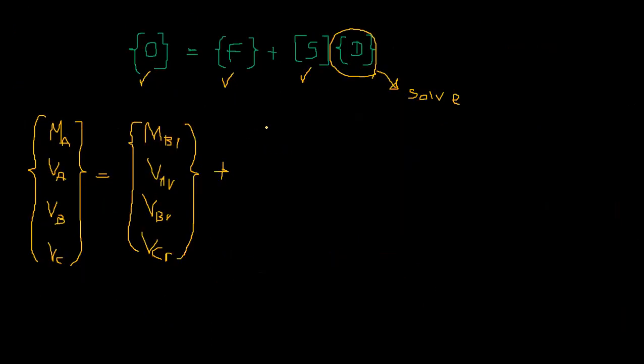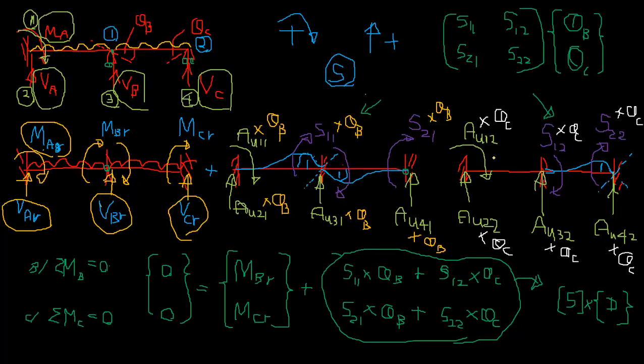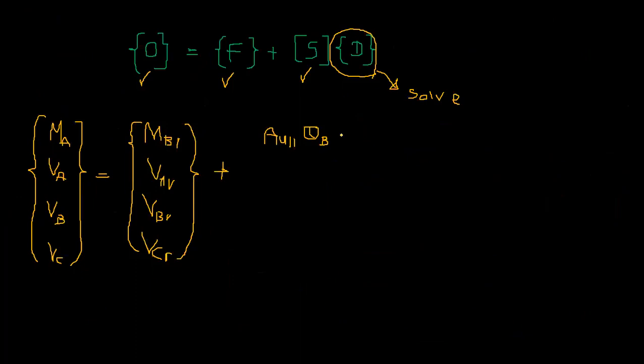So I can write this as AU11 into theta B, and here it's AU12 into theta C, at the bending moment at the first action coordinate, right?